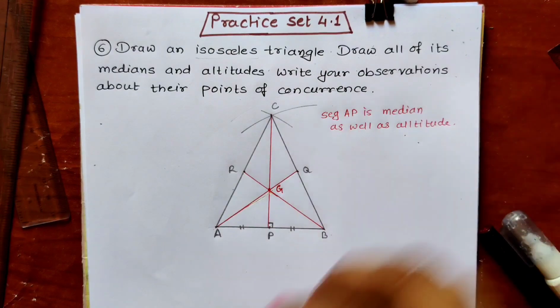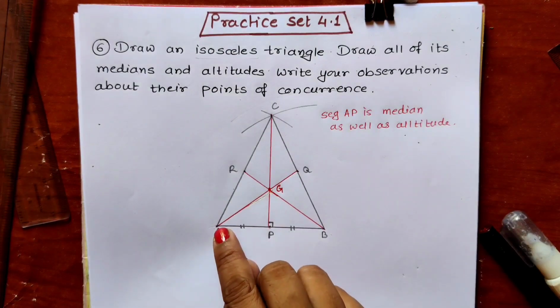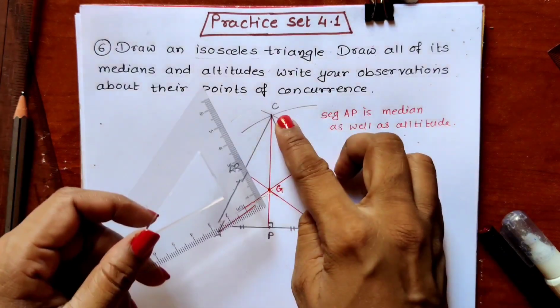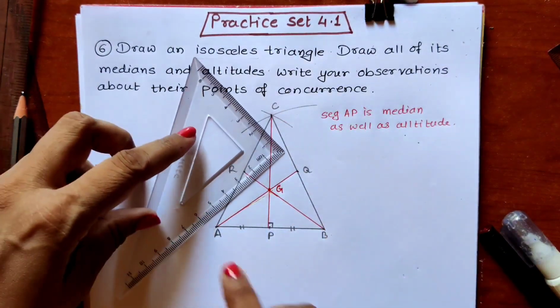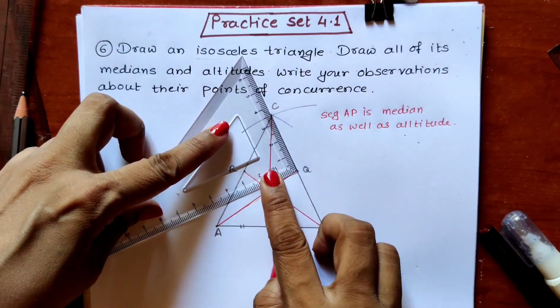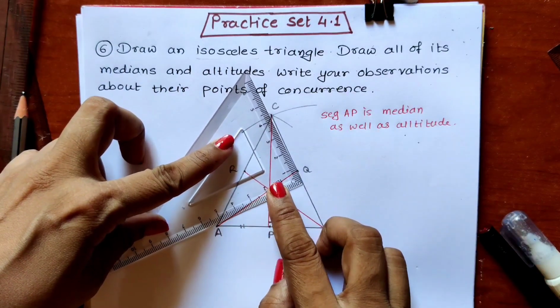Now let us check for the second altitude. The second altitude we will check from vertex A on its opposite side BC. One side should match with BC and the other side should pass through point A. So let us do it properly. See this.